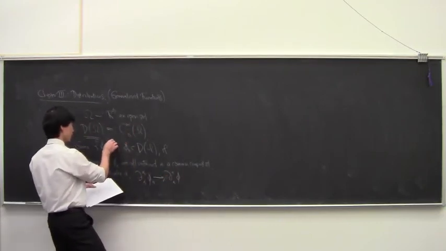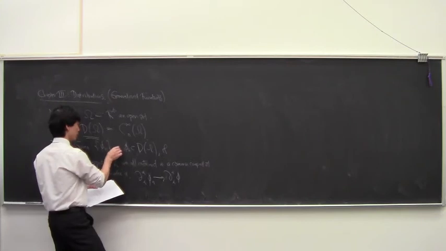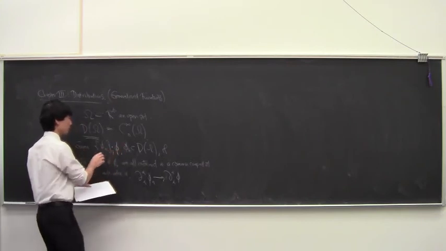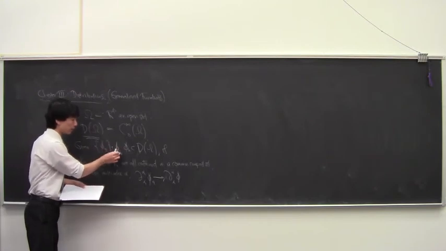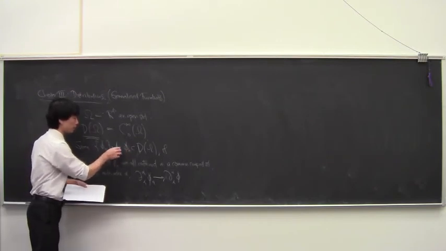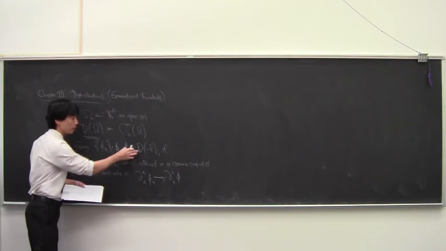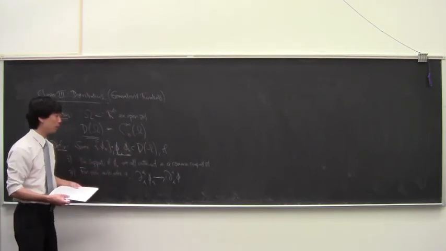I'm sorry, I should have put in phi here also. So given a sequence phi sub n, a function phi, and the phi sub n are all in D omega.